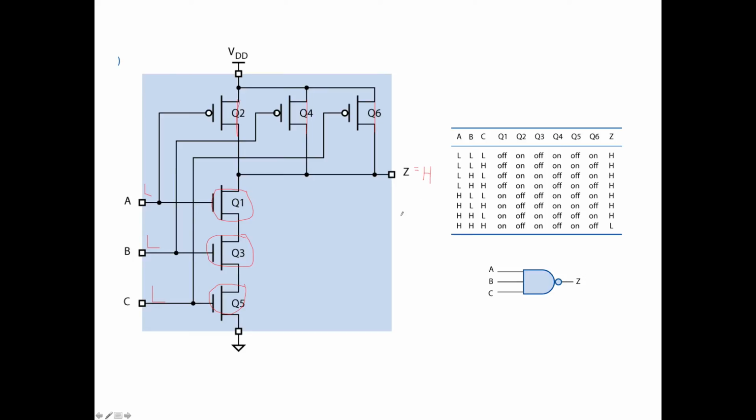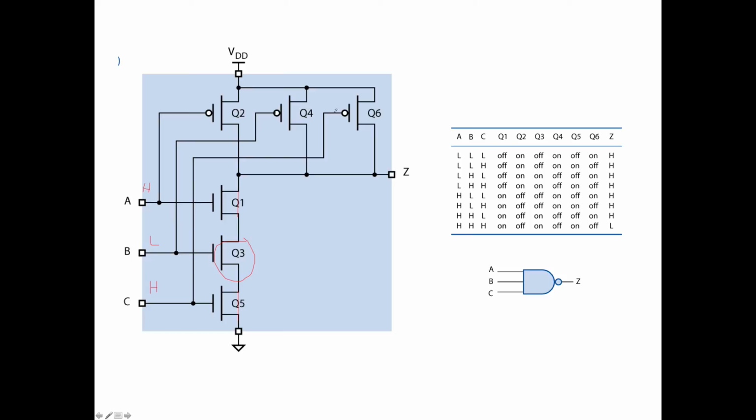Then you can ask, what if just one of these three inputs was low? It doesn't matter which one. Let's choose the middle one. If one of these is low and the other two are high, it just takes one in the lower path to turn off that transistor. These other two are on, so the path is almost made, but the path down to low is not made.